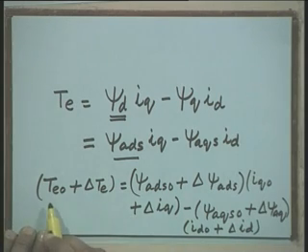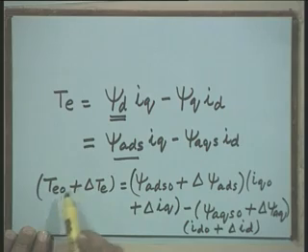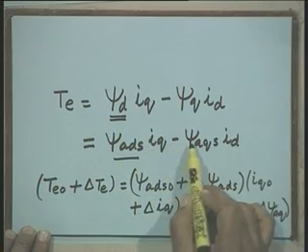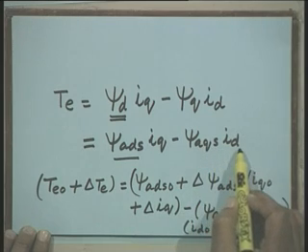Now, under steady state condition, TE0 is equal to psi ADS0 IQ0 minus psi AQS0 into ID0.